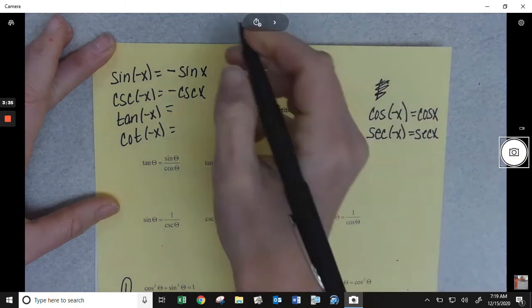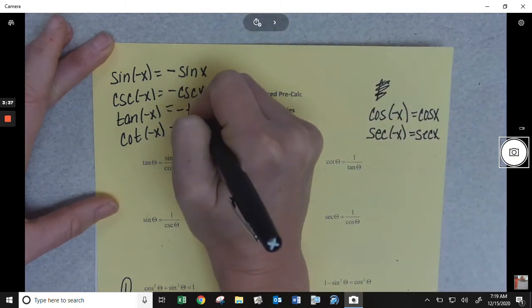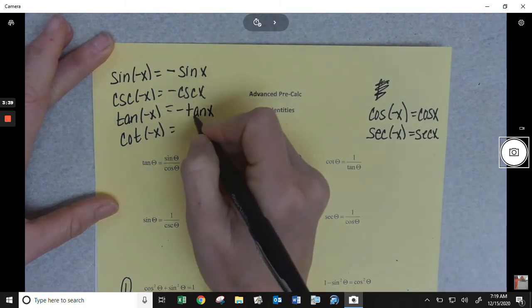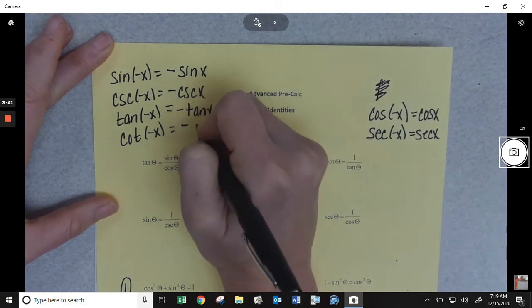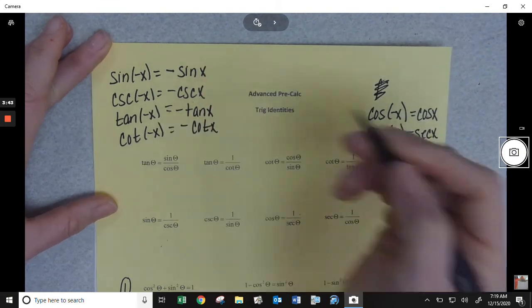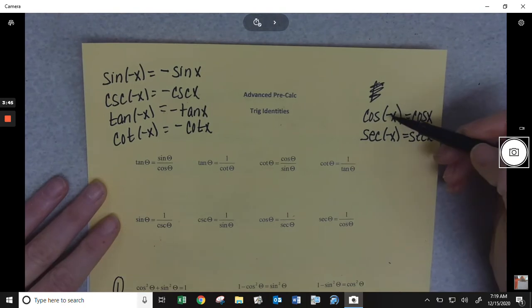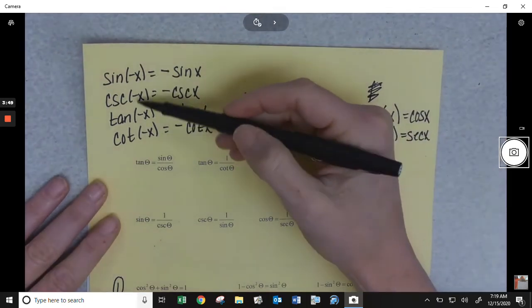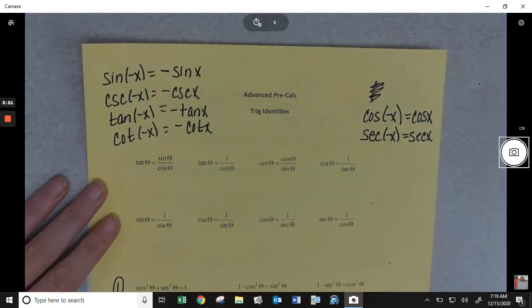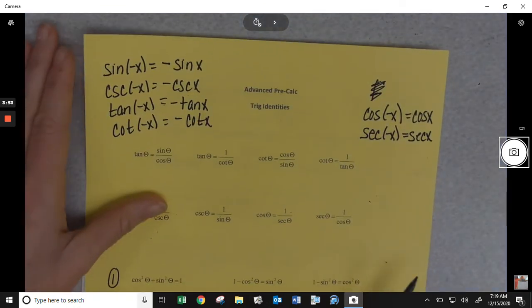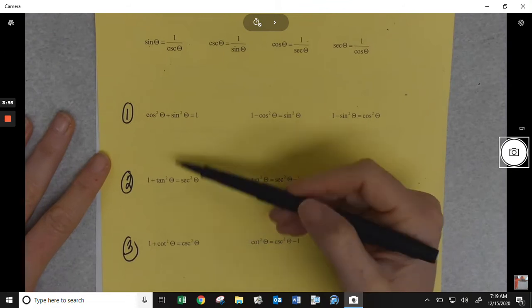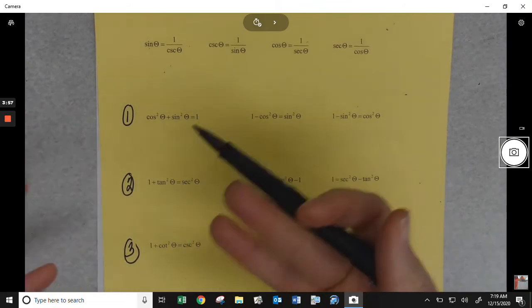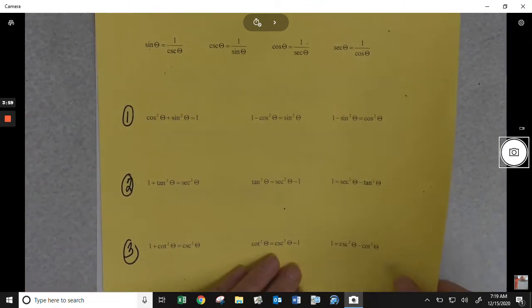A better way of writing it for what we're moving to next is the opposite of the trig with the argument. Okay, so these are the two that you ditch or just drop, and these are the four where you can pull it out in front. Okay, so let's get started figuring out where these come from, because I don't like just saying, hey, these are true facts without proving it to you.